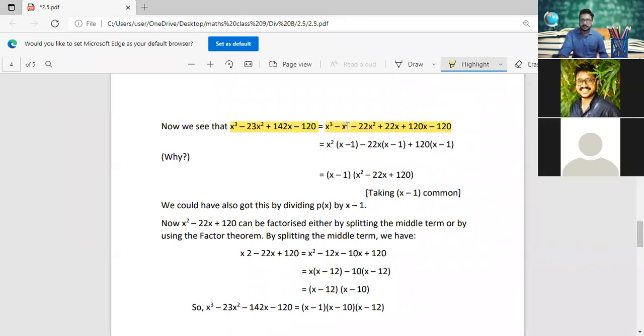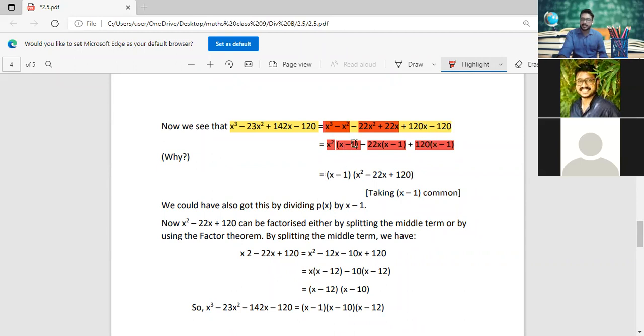Now from these first two parts, I am taking x squared as common. So we get x squared into x minus 1. Now the minus sign is there. Again, from these two parts, I can take 22x common, so 22x into x minus 1 is again there. From these last two sections, we can take 120 also.